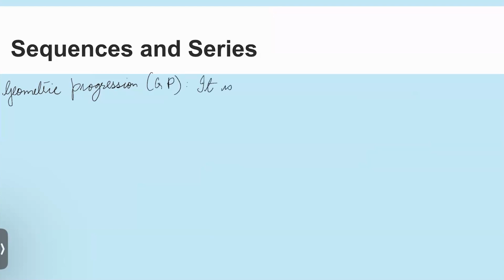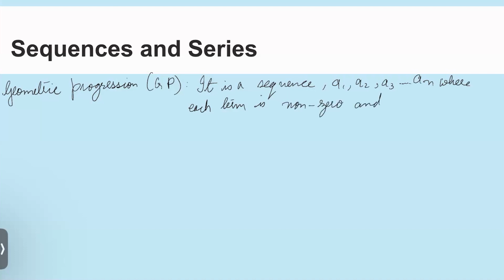So it is a sequence A1, A2, A3, A4, AN, where each term is non-zero and A k plus 1 upon A k is equal to R, which is a constant, for k more than or equal to 1.